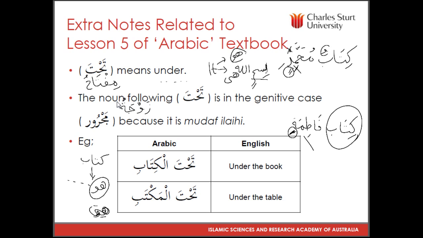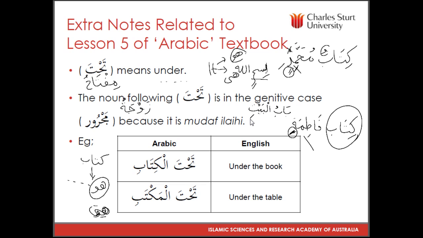Idafa, for example, babul bayti. So this one is what? Mudaf and mudaf ilayh. So the house door is the subject. It is idafa, a phrase, but this is the mubtada of a sentence. So you need a predicate, you need khabar. So when you say maftuhun, it becomes khabar, and it becomes a sentence.